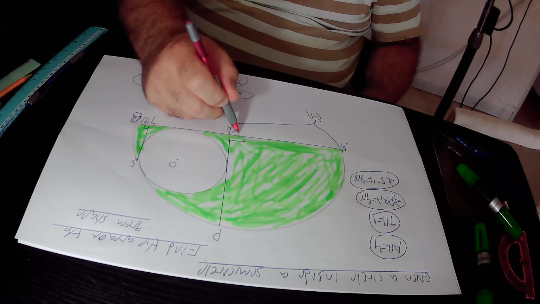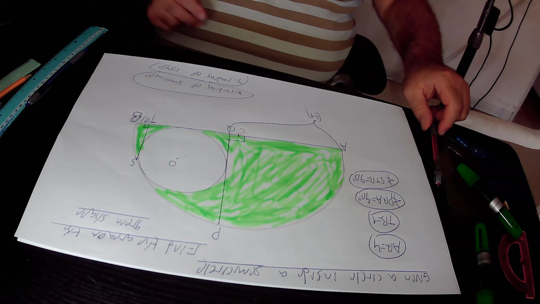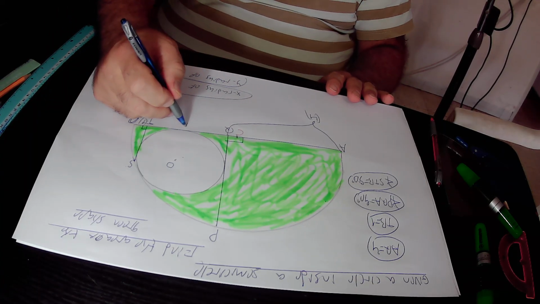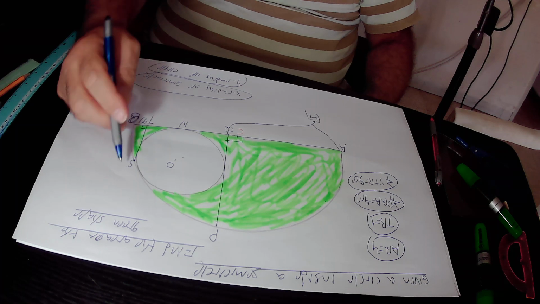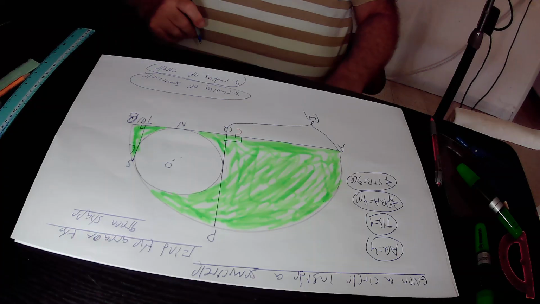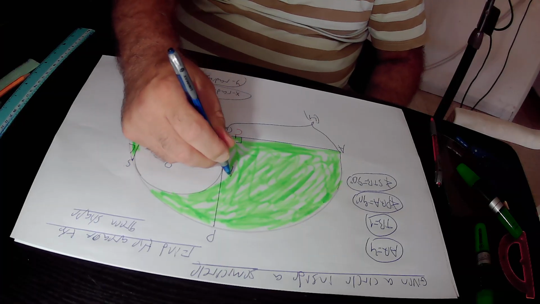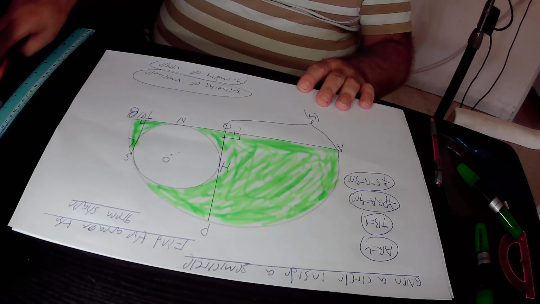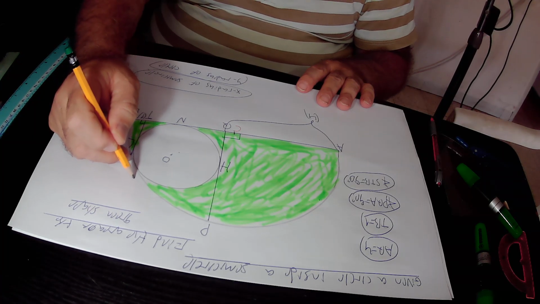This point is point C. We define the point of tangency of tangent AB with this small circle. This point is point N. We define the point of tangency of tangent ST with this small circle. This point is point L. We define the point of tangency of tangent PQ with this small circle. This point is point H. And finally, we define the touching point of the big semicircle with this small circle. This point is point K.